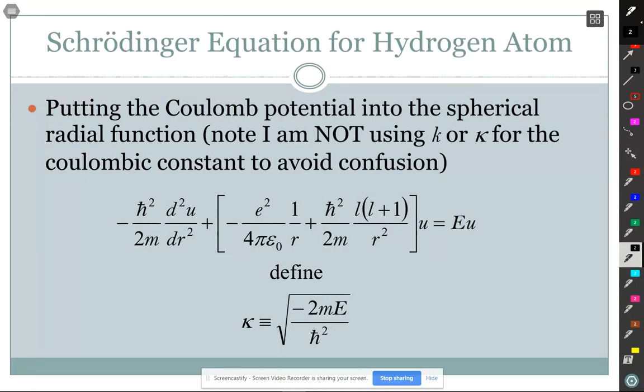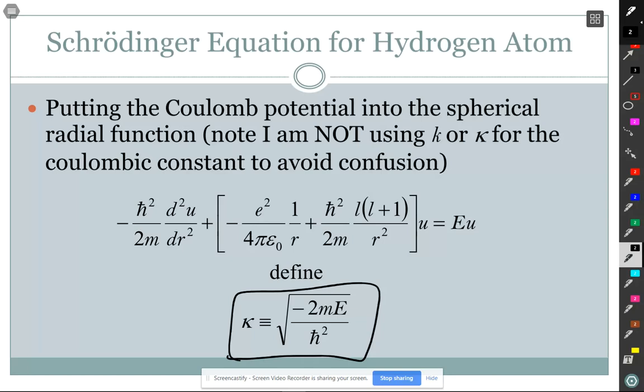So here's the first thing that would be confusing. We're going to define kappa here as minus 2m e over h bar squared, all square rooted. And the first thing to say is, why a minus sign? Any idea why there's a minus sign there? If you know the end, it helps you to answer that.